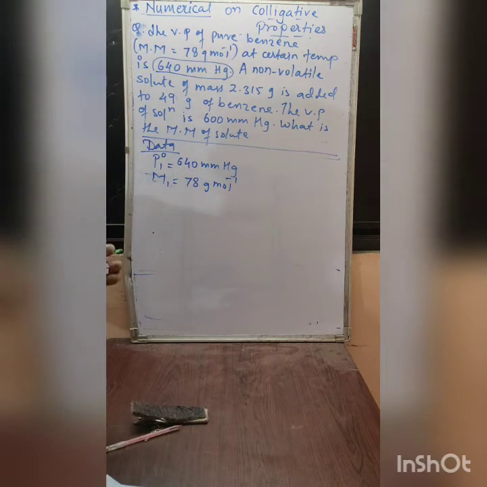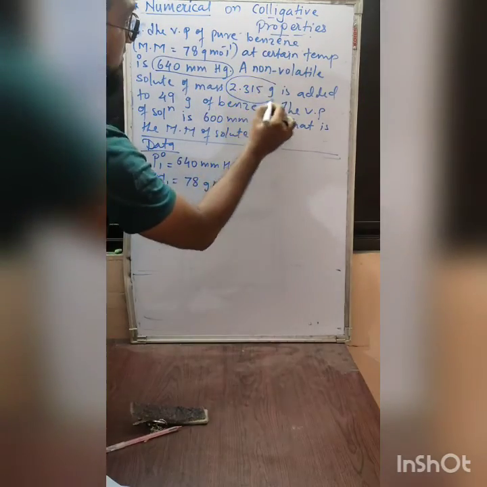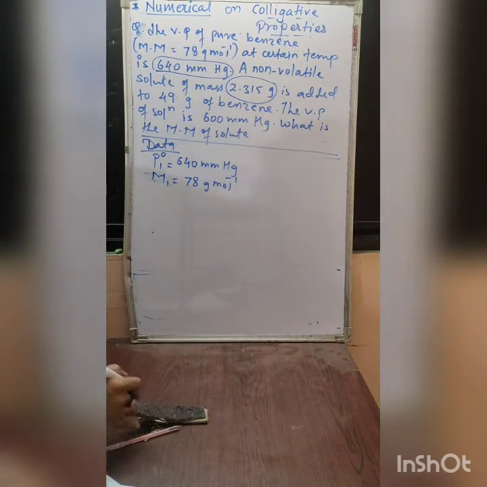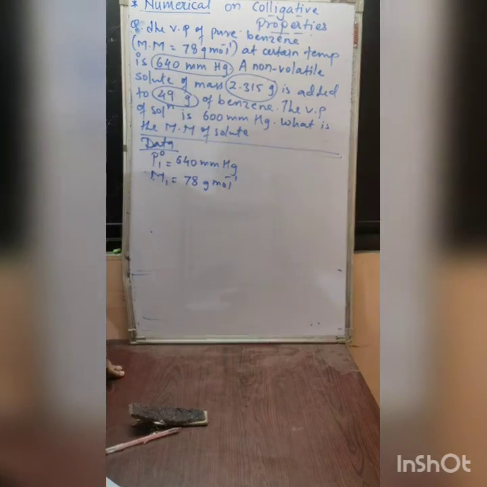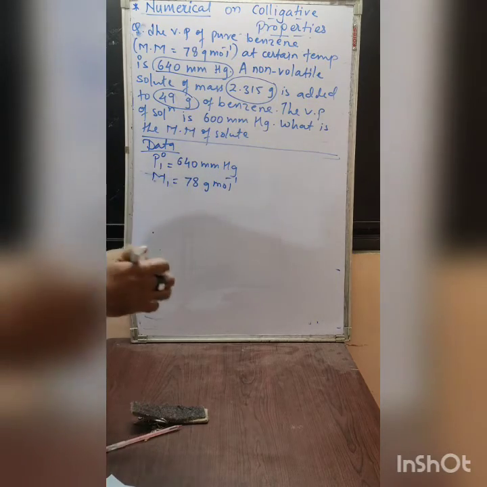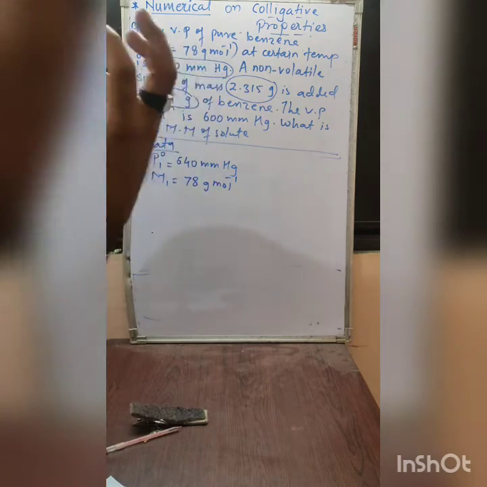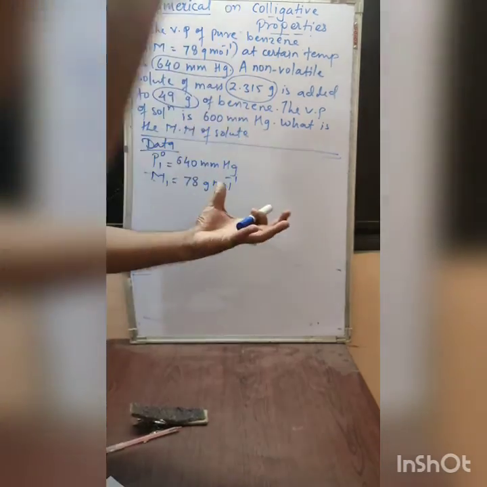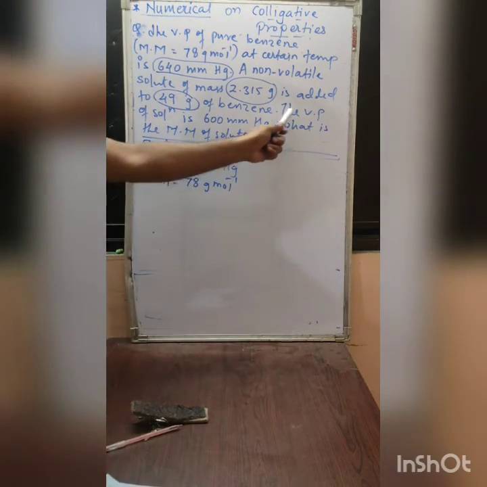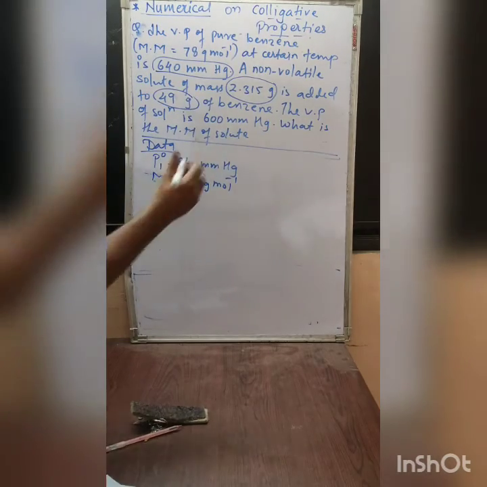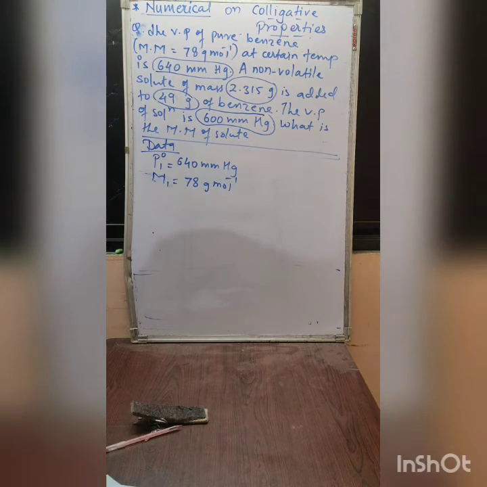A non-volatile solid of mass 2.315 gram is added to 49 gram of benzene. We added this much mass of non-volatile solid, that is, 2.315 gram of solid is added to 49 gram of benzene. The vapor pressure of the solution is 600 mmHg.